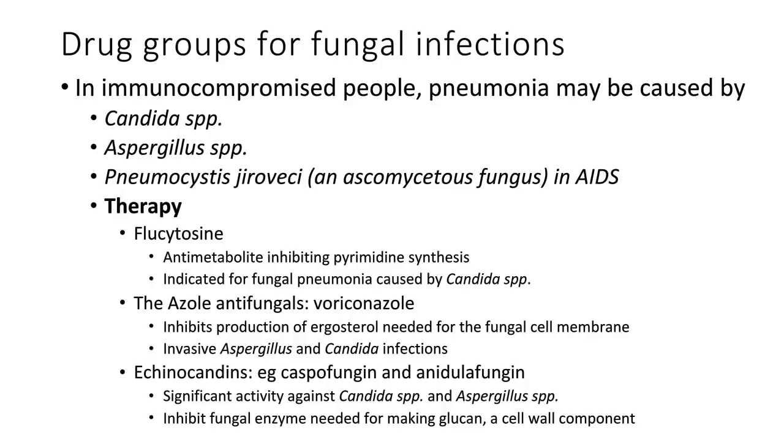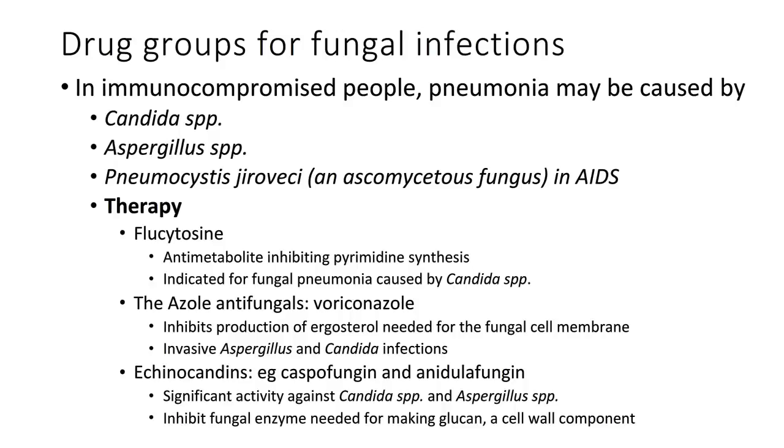There's a group of drugs called the azole antifungals, and you'll see azole in the end of their drug names, and these prevent production of a sterol compound, ergosterol, that is needed to make the fungal cell membrane. And so this can be used with some Candida infections, but also Aspergillus infections.